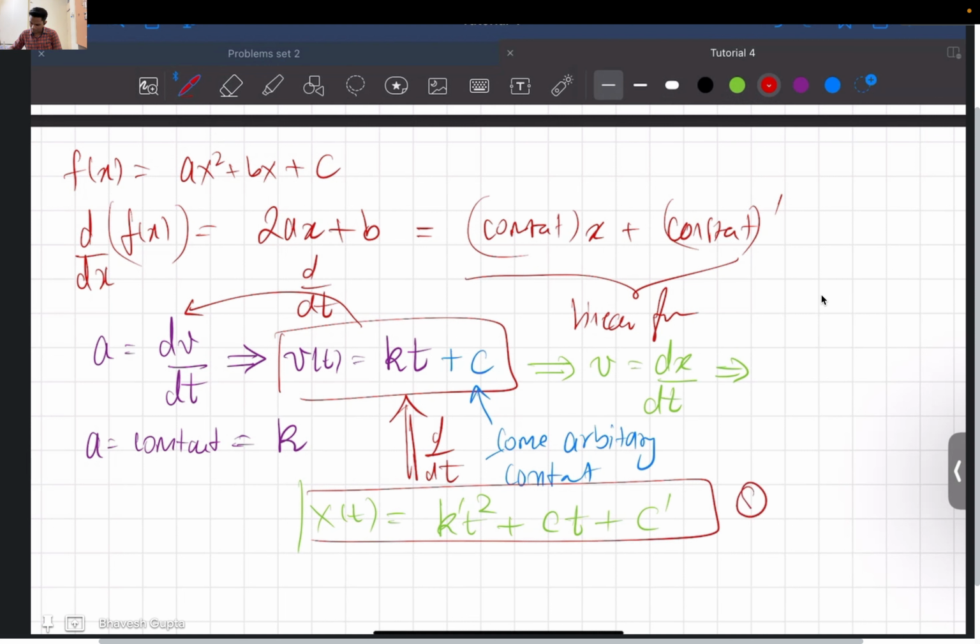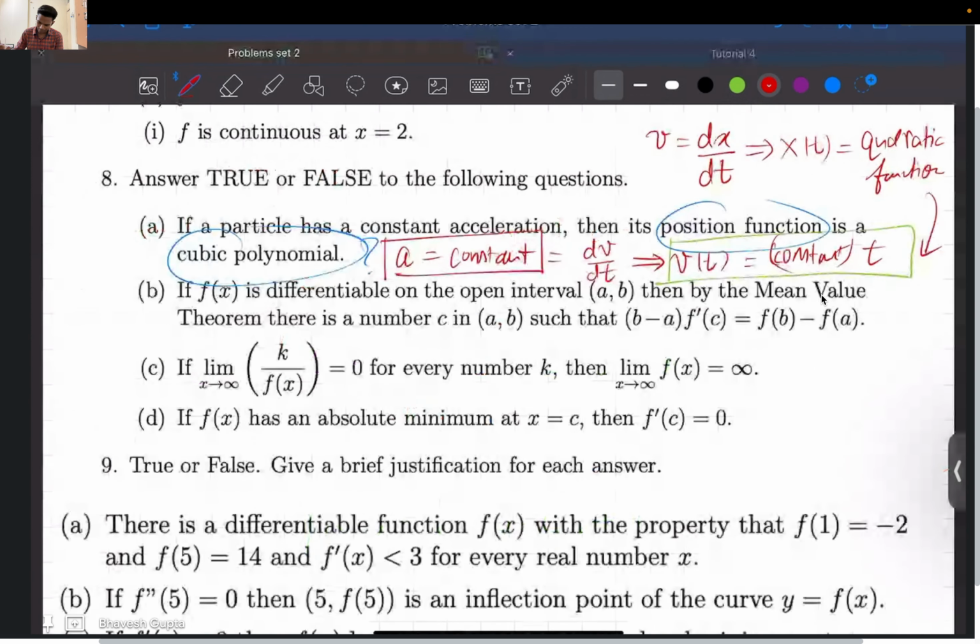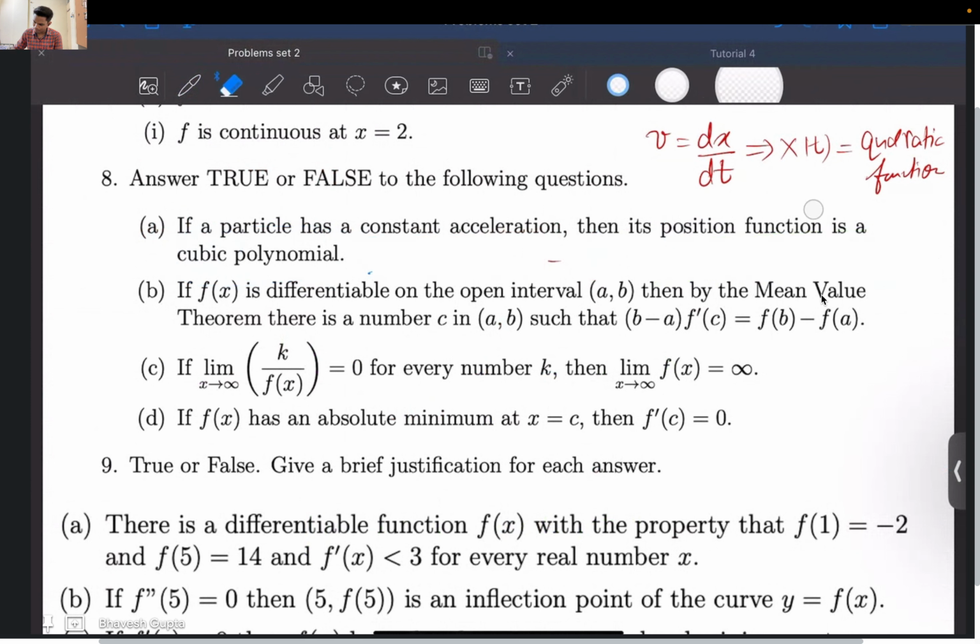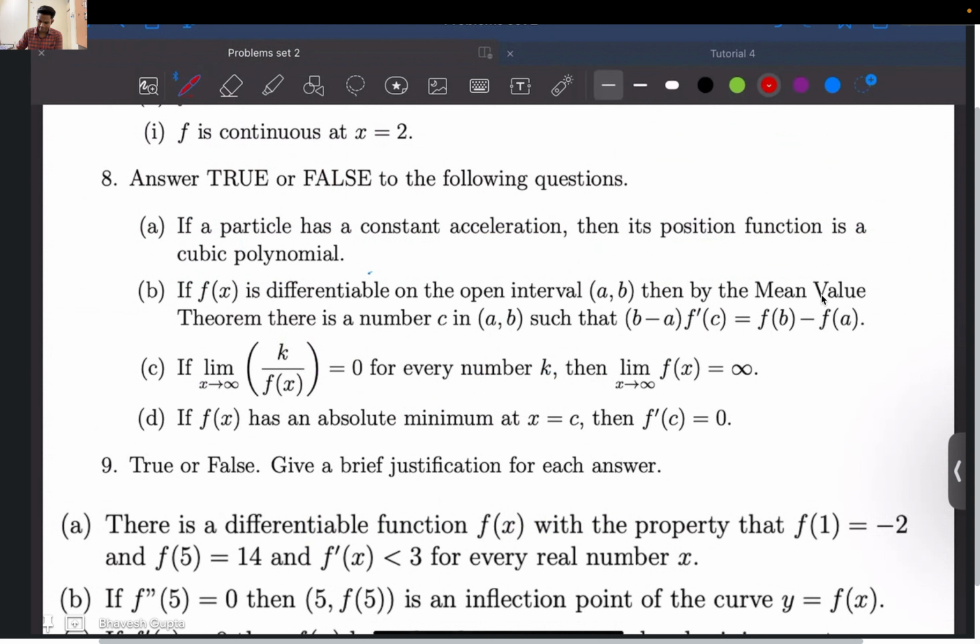So what do we see here? The position turns out to be a quadratic, not cubic. That's not a cubic thing. So this turns out to be a false statement. You might expect this kind of problem in the exam as well.